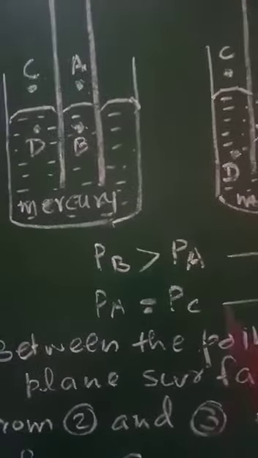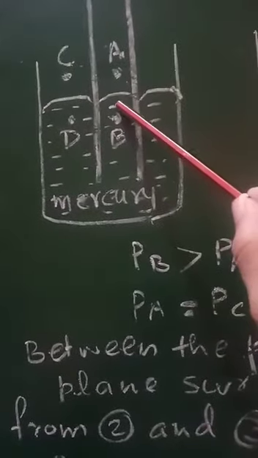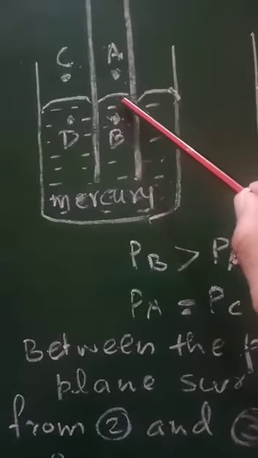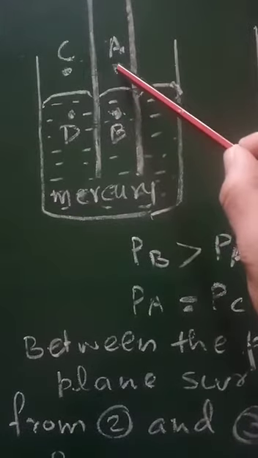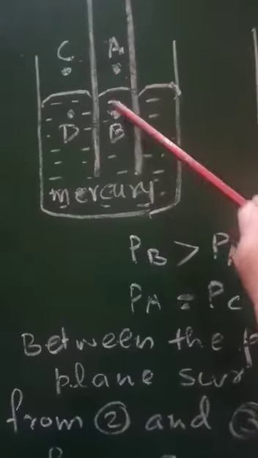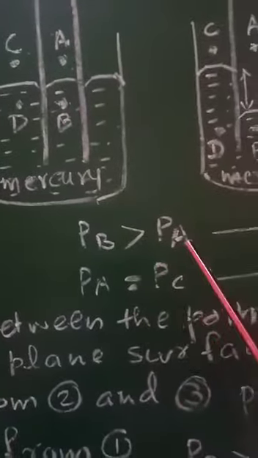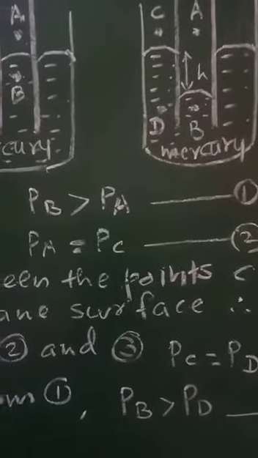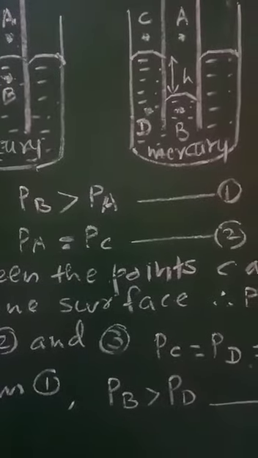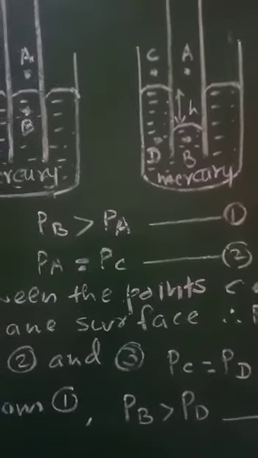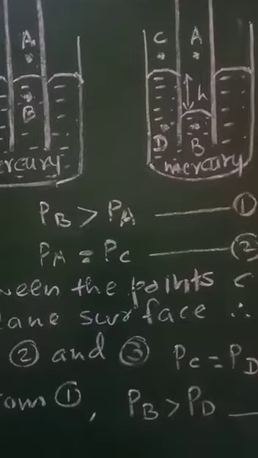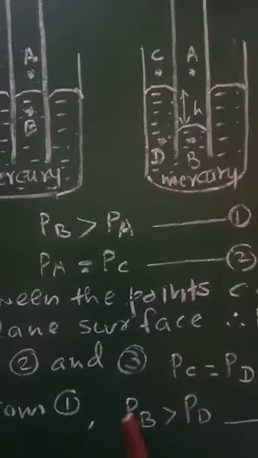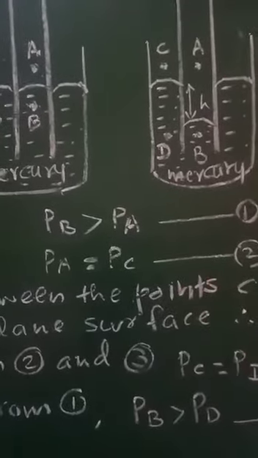But now we know that the pressure on the concave surface is greater than pressure on the convex surface, and therefore PB must be greater than PA, equation number 1. The pressure at point B is greater than pressure at point A, and therefore PA is less than PB.